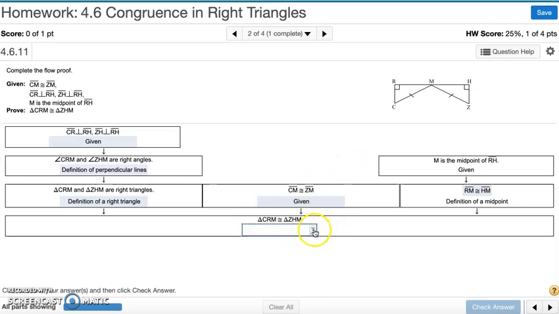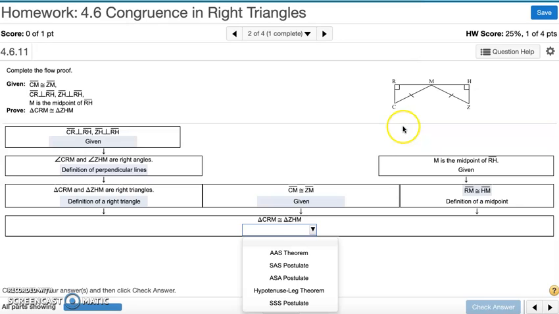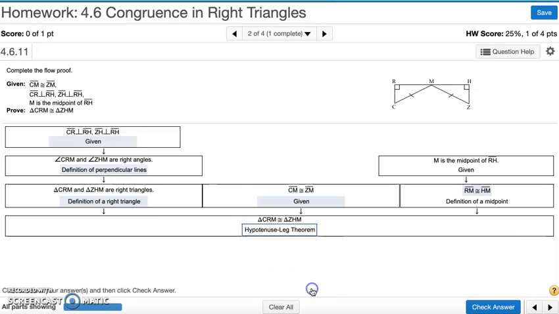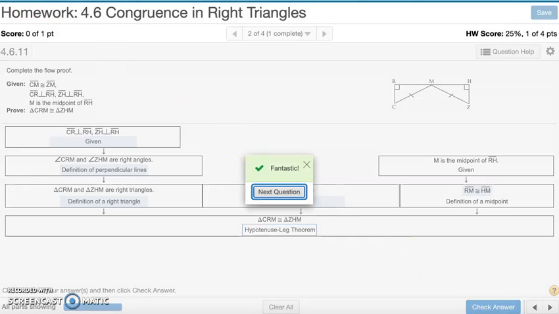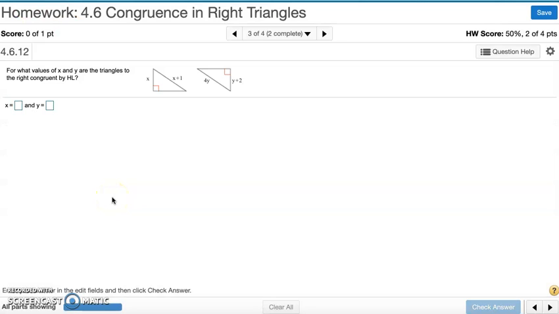And our justification for that is, if we look at the information we have, we're told that corresponding legs are congruent and the hypotenuses are congruent. So by the hypotenuse-leg theorem, we can say they're congruent to each other. That's number 2.